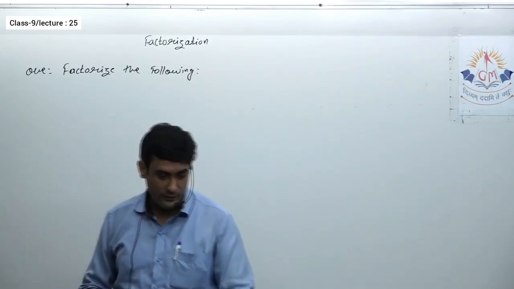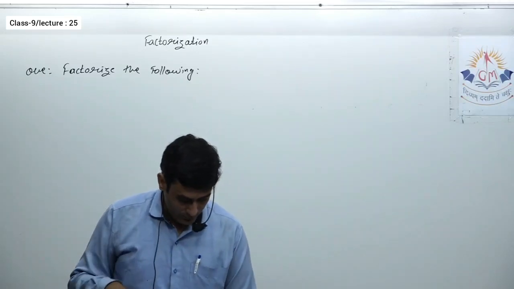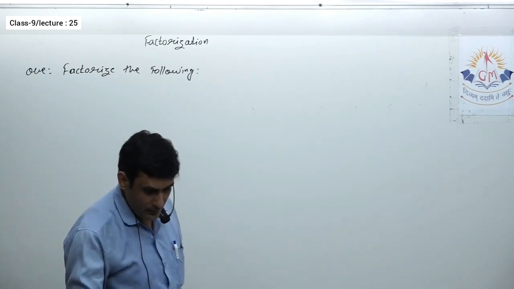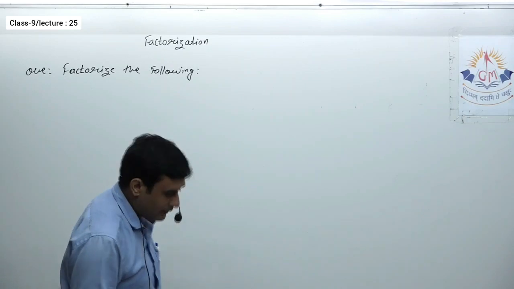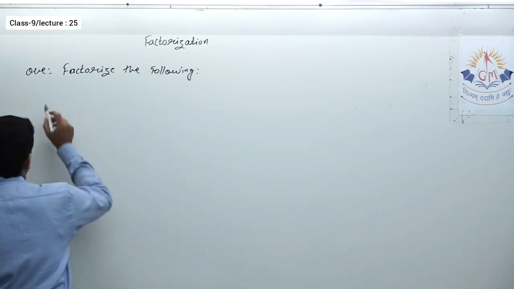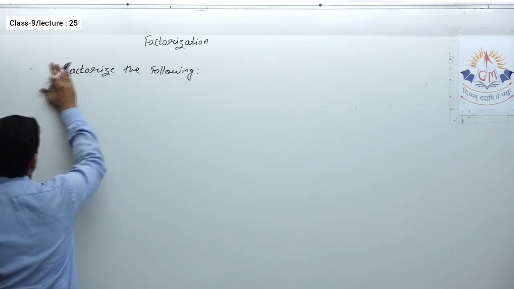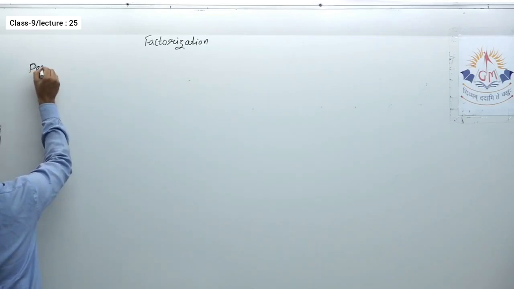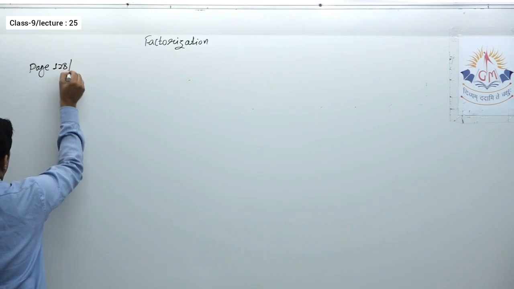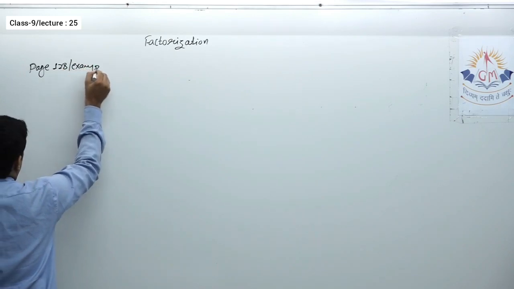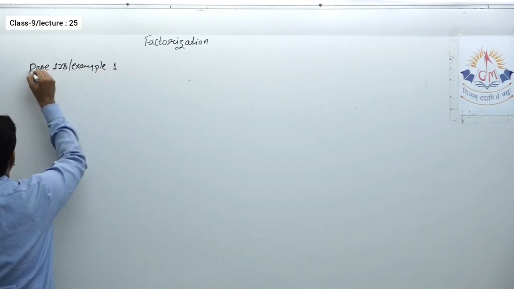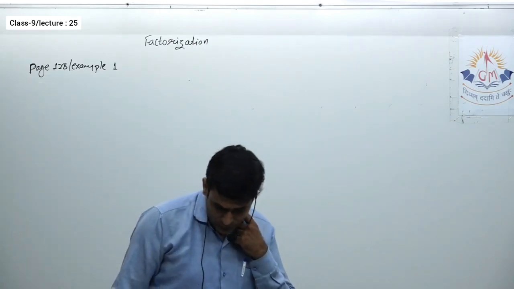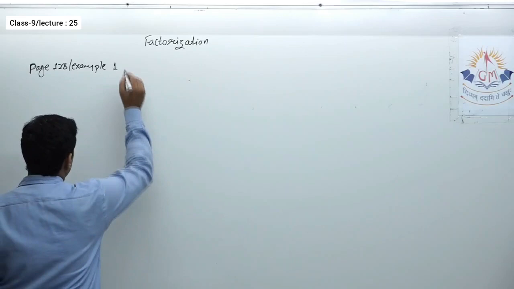So the very first question that I am taking is from page number 128, example 1. Now there are 2 questions in this, so I'll take the first one, and the second one you have to do for your homework.